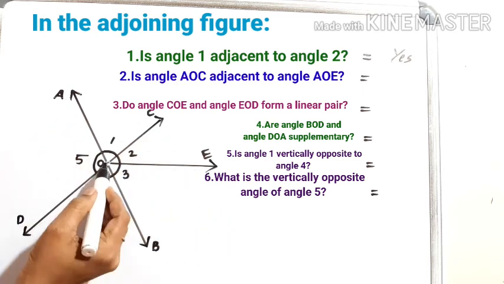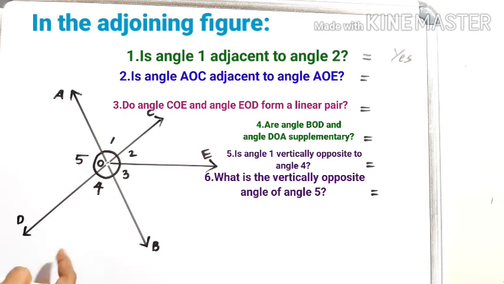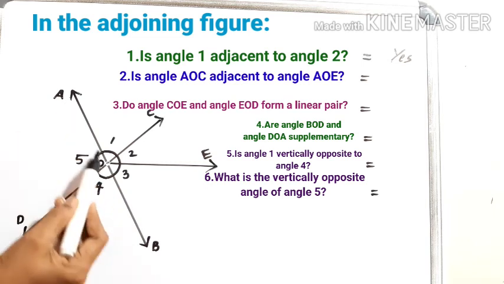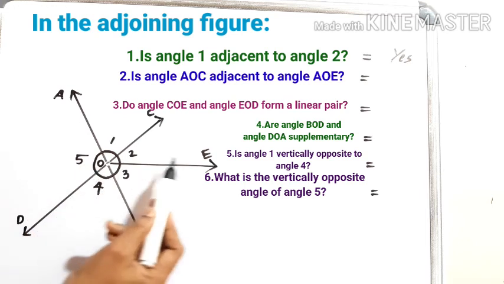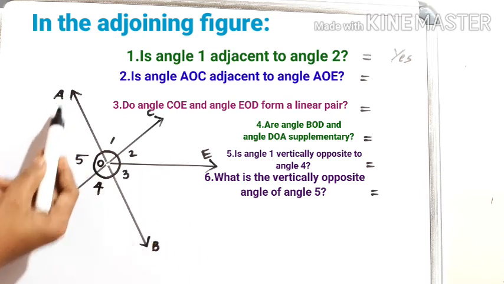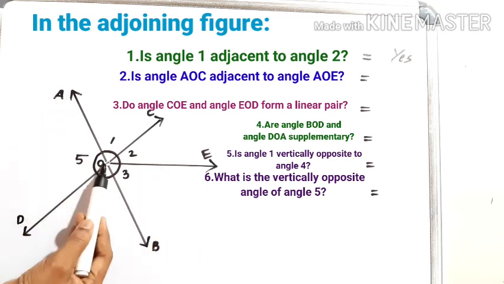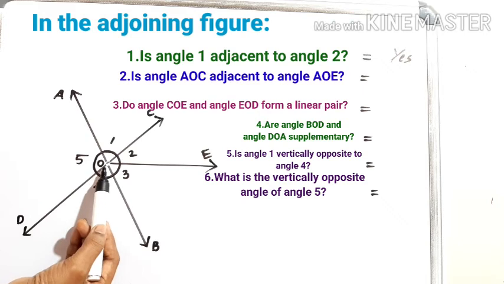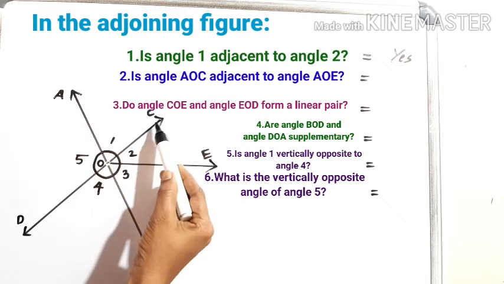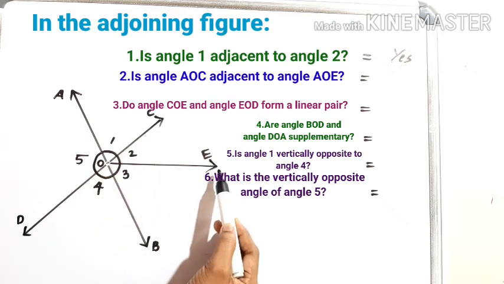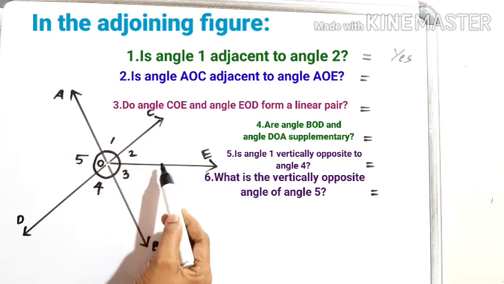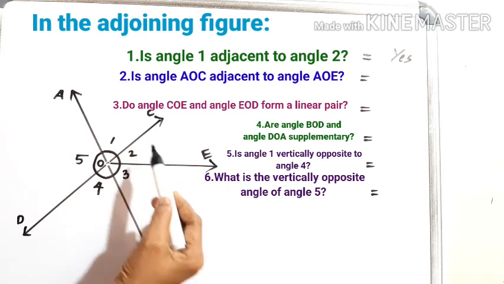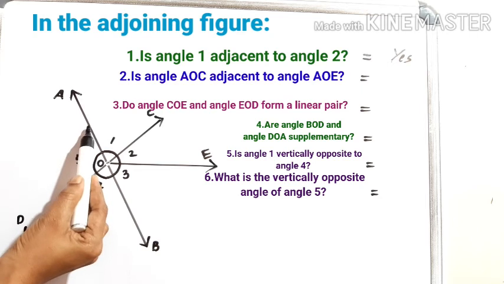Common vertex O. Then common arm. AOC, AOE. Yes, common arm is here, AO. Then third point. What about non-common arms here? OC and OE, right? These two are not on either side of common arm.